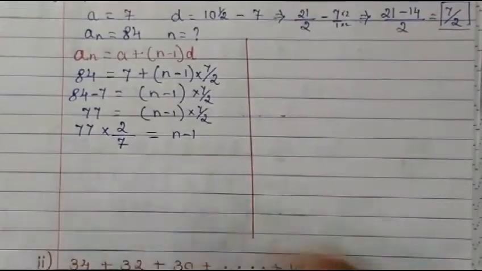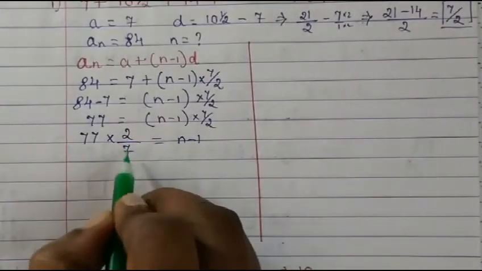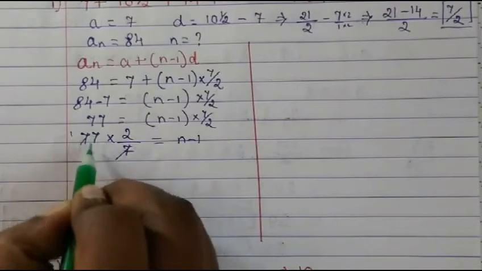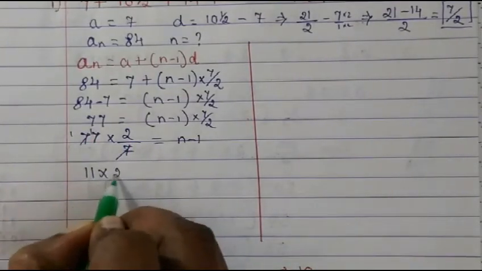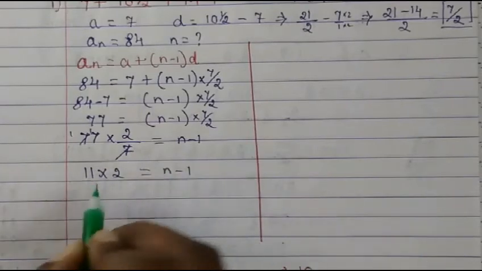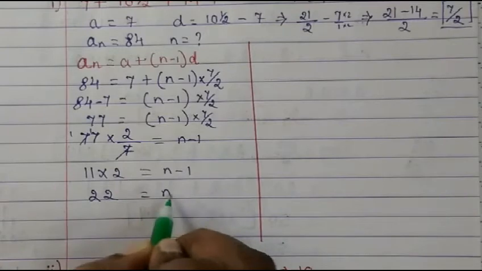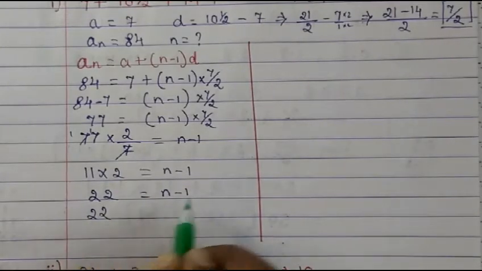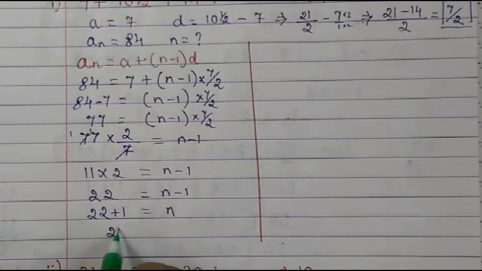Let's cancel 7 one time. So we will have 11 into 2 equal to n minus 1. 11 into 2 will give us 22 equal to n minus 1. When we bring this minus 1 to this side, it will become plus 1. So we get n value 23.